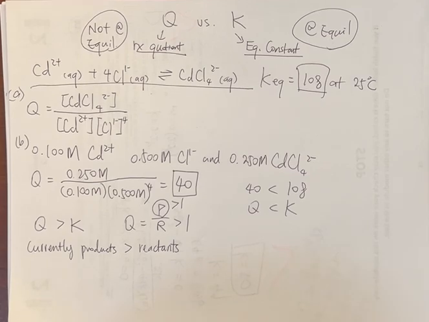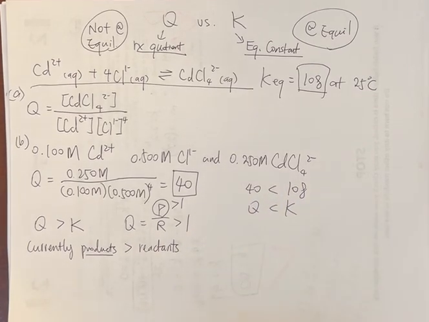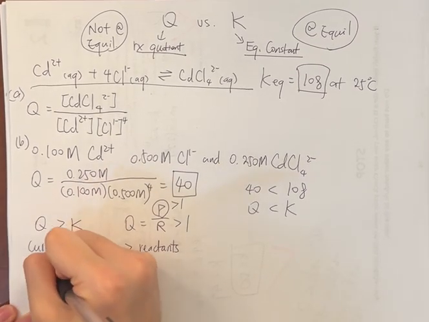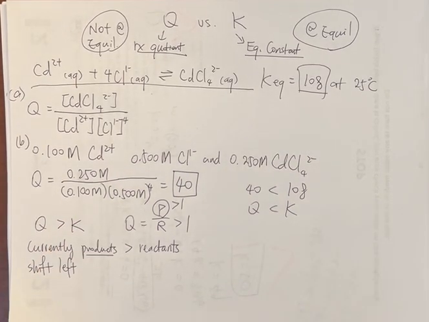Okay, which means that temporarily we have more products than reactants, which means that according to Le Chatelier's principle, the whole equilibrium has to shift left. Why? Because remember, reactants are on the left side and products are on the right side.